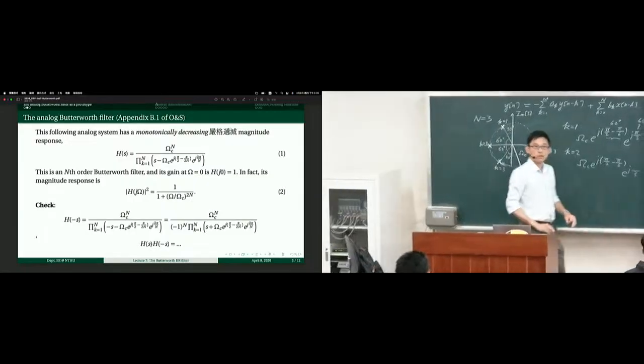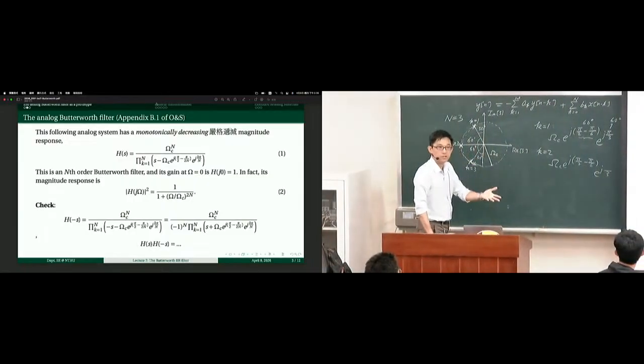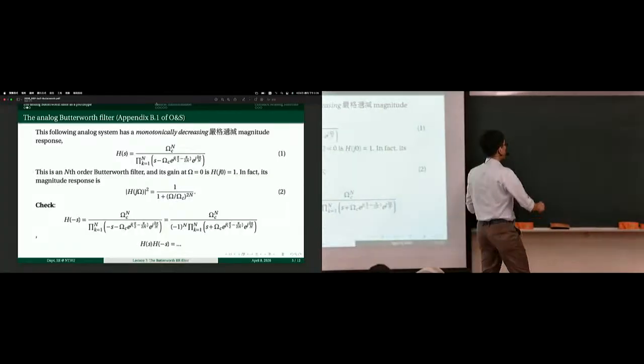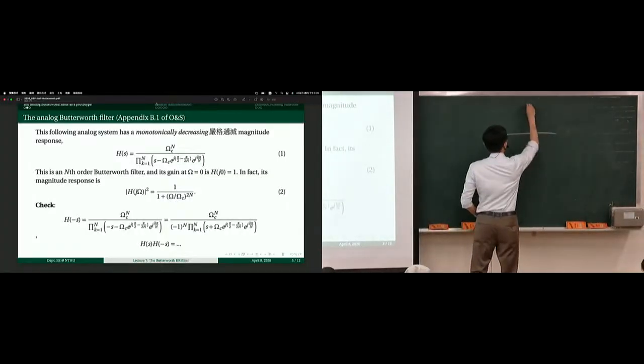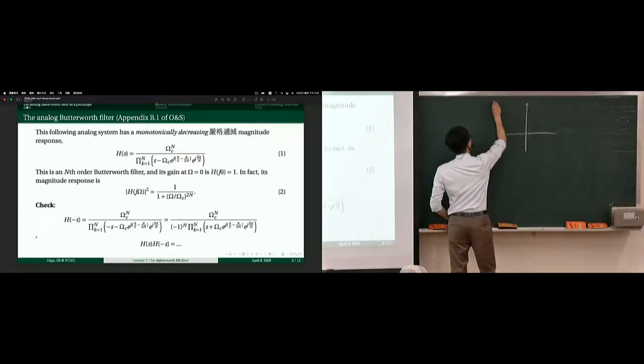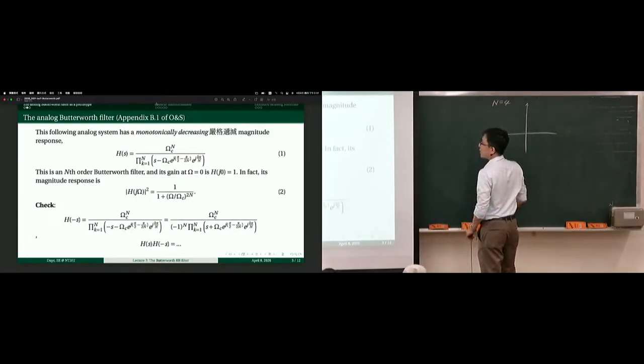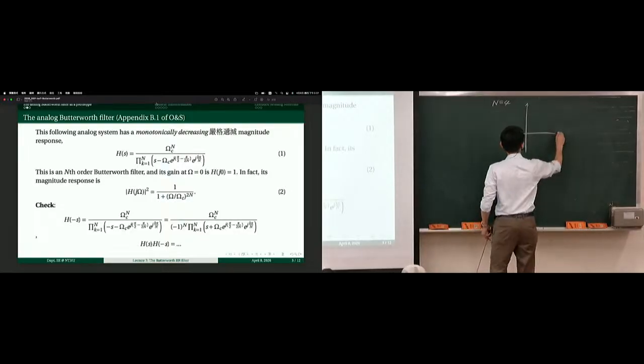Do you want to see another example? N equals 4 or 5, you can work it out. I'm just giving you one more example: n equals 4.